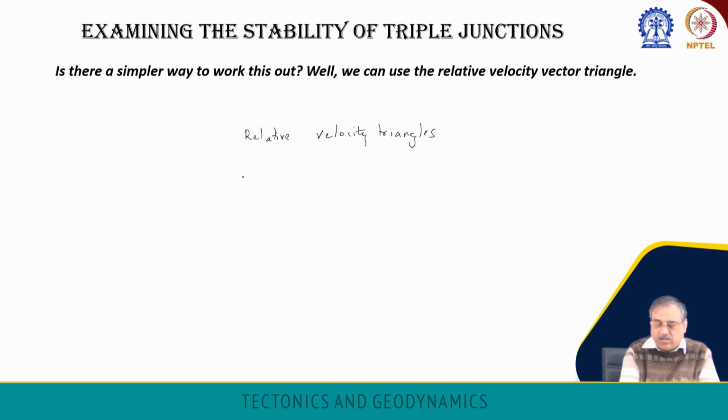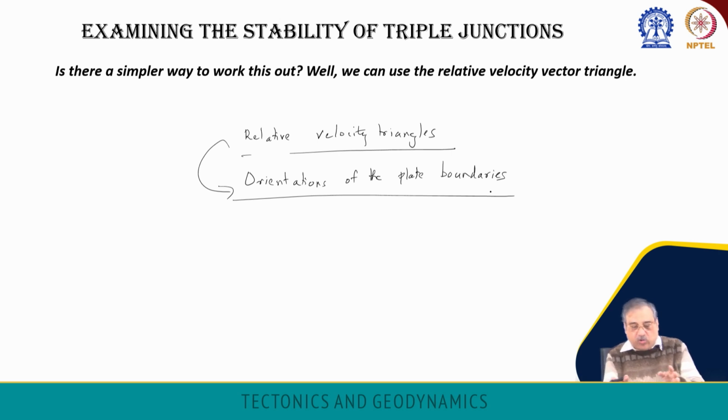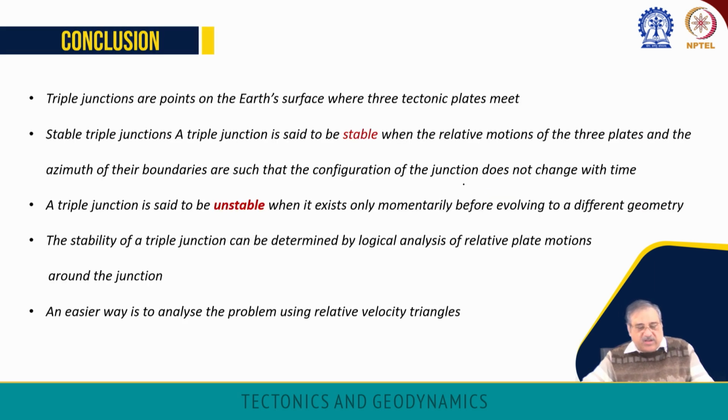On these triangles, we need to now somehow put in the orientations of the plate boundaries. Using that, we might find an easier way of working out whether a particular triple junction configuration is stable or not stable.